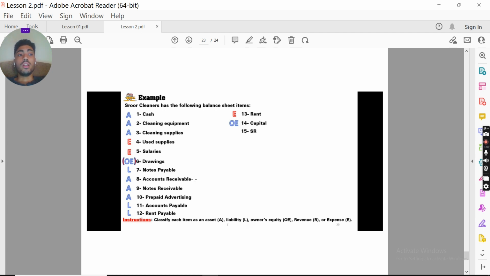Accounts receivable means that, as a company, I provided a service to another company and I haven't yet received my money. They said they will transfer the money into the firm's bank account, and that's called an account receivable.